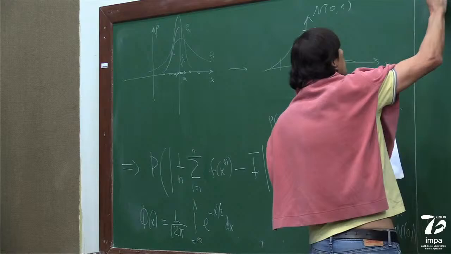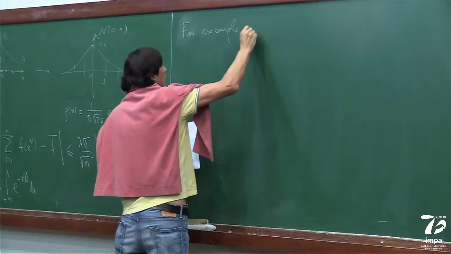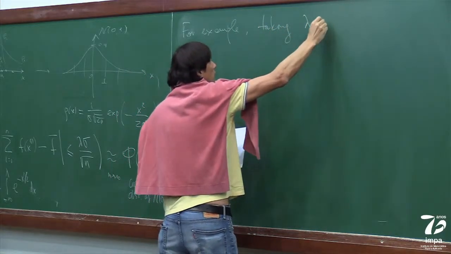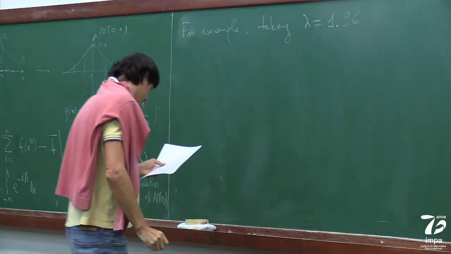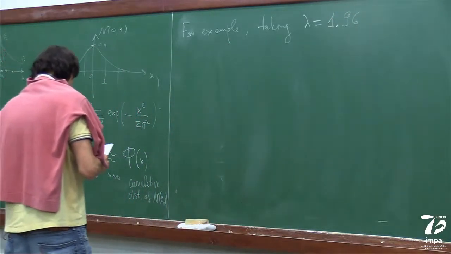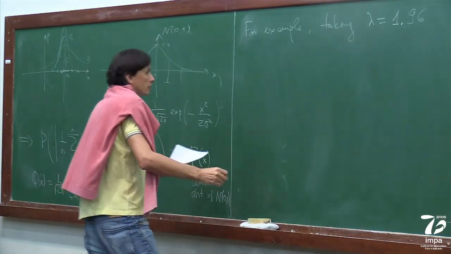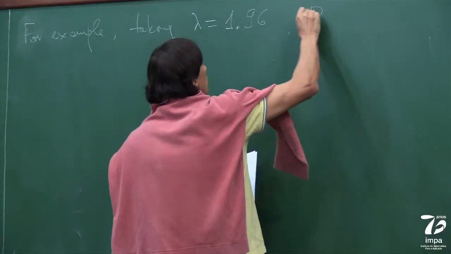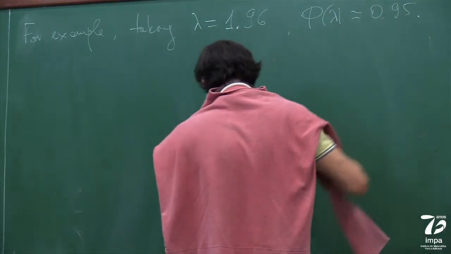For example, taking lambda equal to more or less 2, we can compute this value, and it is 0.95.